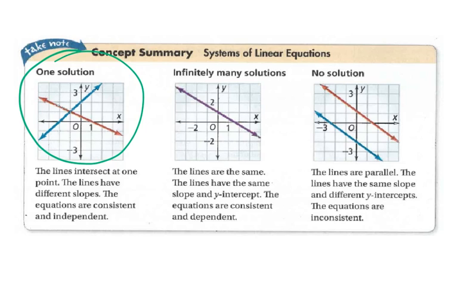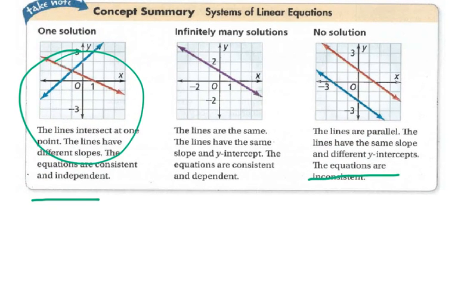This only happens when they have different slopes. If they have the same slope, then that means they're parallel. Like here, the lines are parallel. These two equations, I don't know what the equations are, but I know their slope is the same. Let me show you an example of two equations that have parallel slopes.